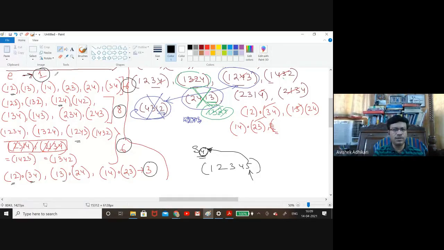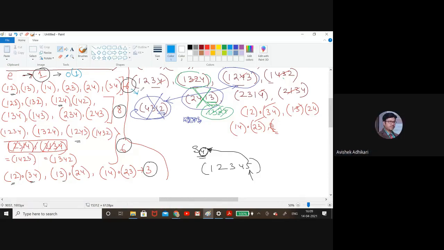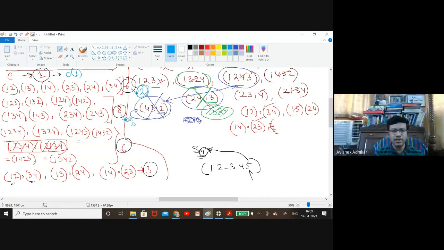So the order of this type is 1, the order of this type will be exactly 2, the order of this type will be exactly 3, and the order of this type would be exactly 4, and the order of this type would be how much? Order of this type, how much?